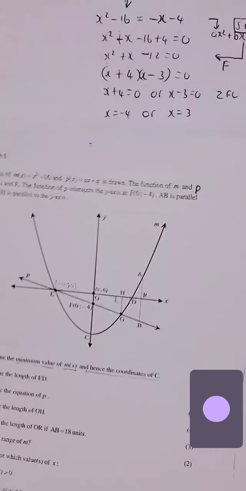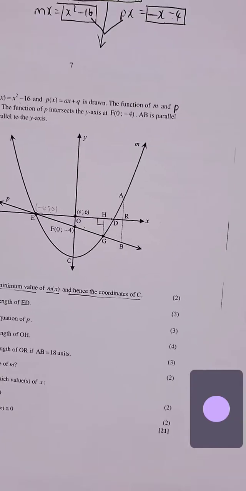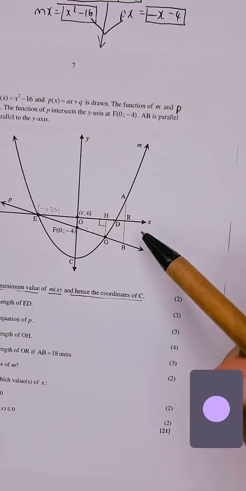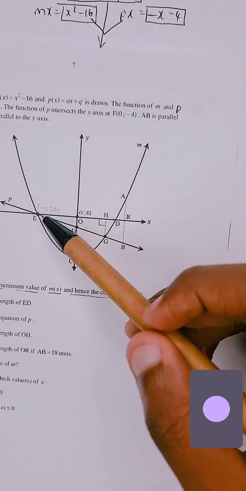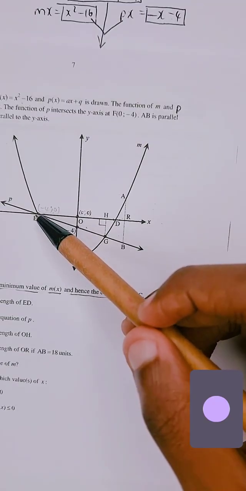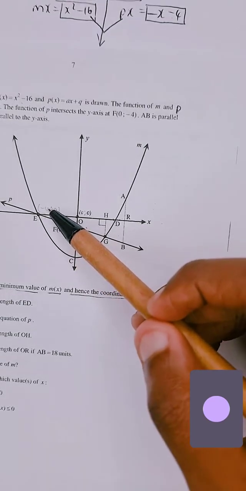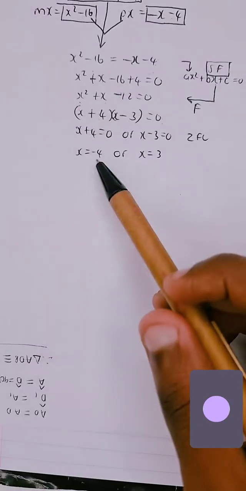You see these answers that you got? Look at them. x is equal to negative 4. Remember we said there are 2 places where your function has a point of intersection. At E, the function has a point of intersection. What is the x value there? Negative 4. Z, look at this. Negative 4. Do you see that?